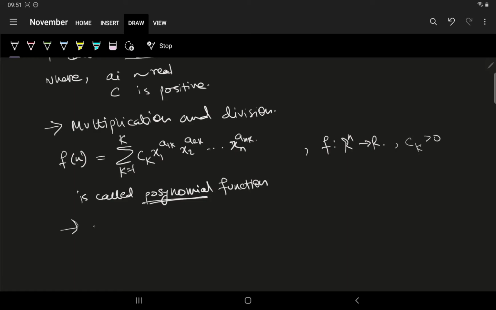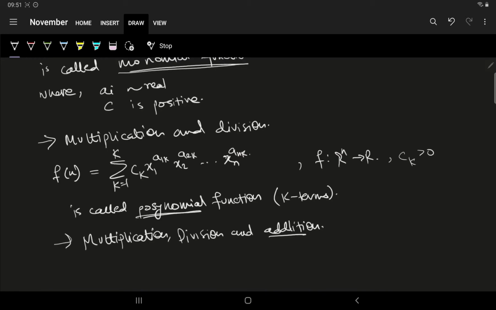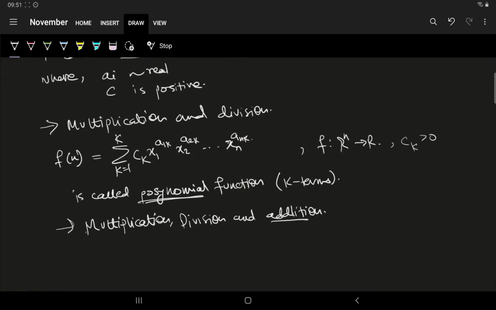And it is closed under multiplication, division and addition. So this is a polynomial function with k terms. If we are adding another term, it will be a k plus 1 term polynomial function. Even if we multiply a monomial with a polynomial function, it will still be a polynomial function.